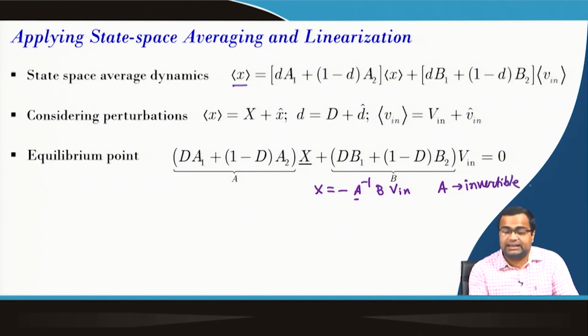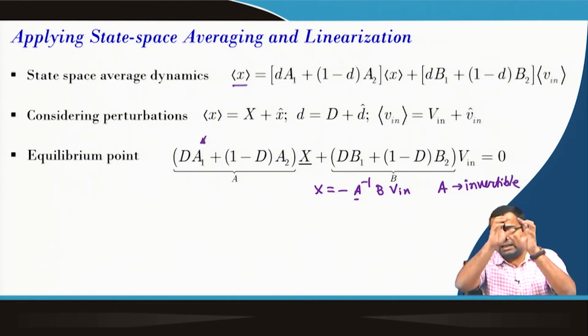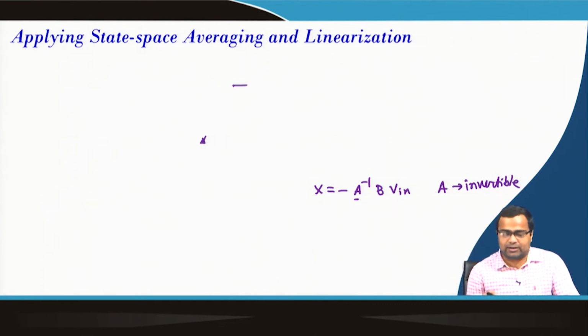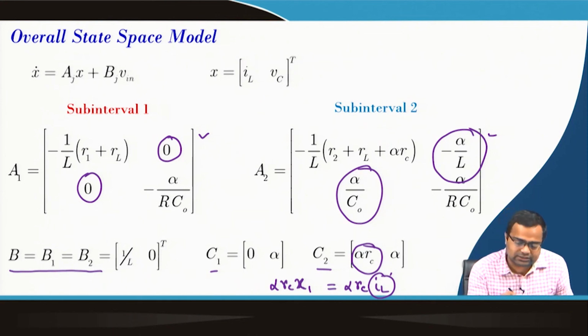But if you take the individual A matrix, for the ideal case A1 is not invertible, because all elements are 0 except for the last element. If you go back to the equation, under ideal condition this term will be 0. So, all 3 elements are 0 except for this one, which is non-zero.